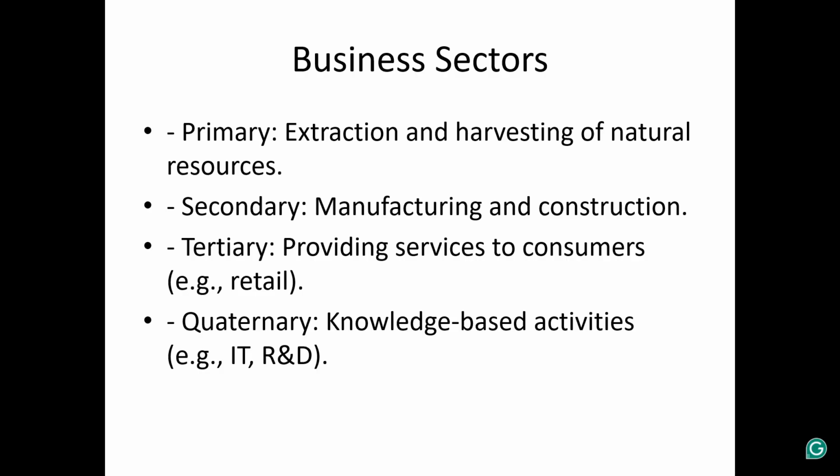And then secondary is when they use those primary goods and they manufacture them, construct buildings, whatever they need. Tertiary is more like providing services to consumers, so it can be anything from retail or massages or anything. And then we have quaternary, which is kind of new in some ways. So basically, you just work more in knowledge-based activities.